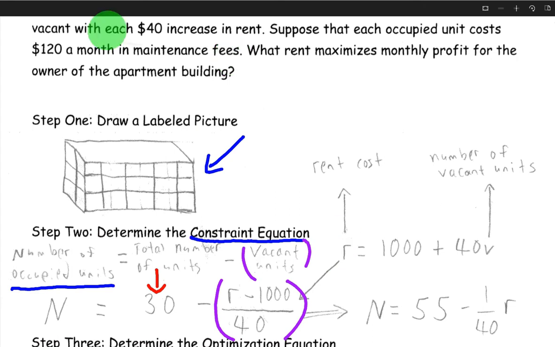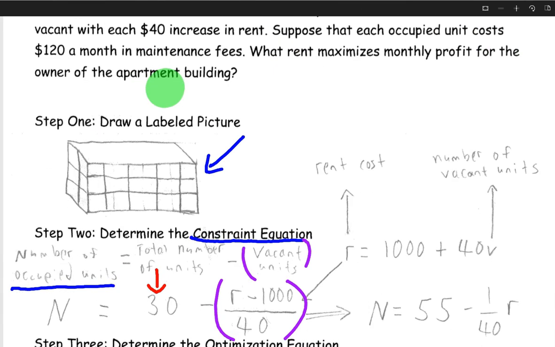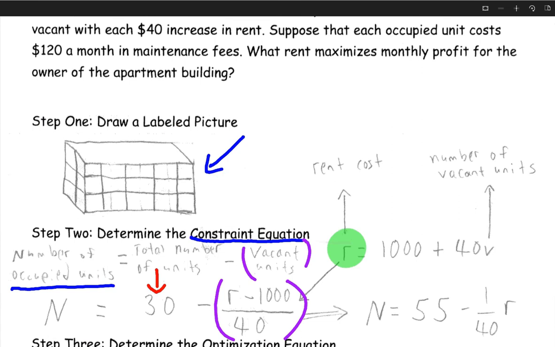And if you go back and read the problem, it says with each $40 increase in rent, 1 unit becomes vacant. We're going to use that information to solve this problem. Basically, the rent cost is 1,000 plus 40V, where V is the number of vacant units.